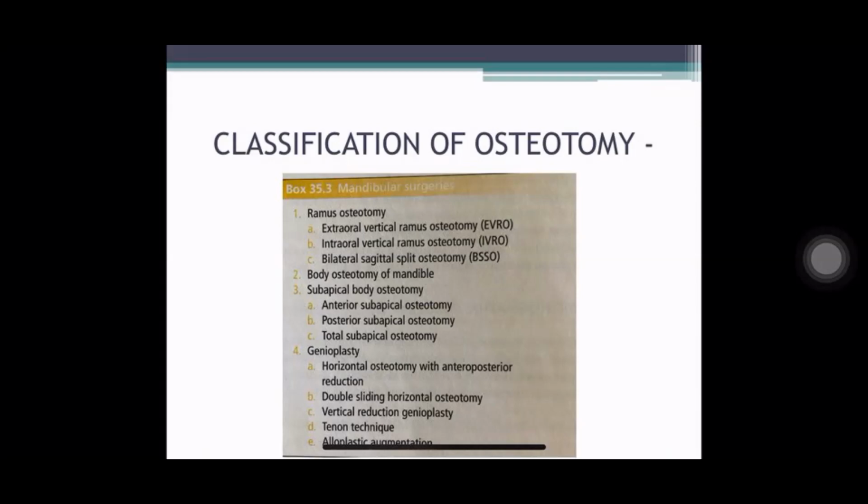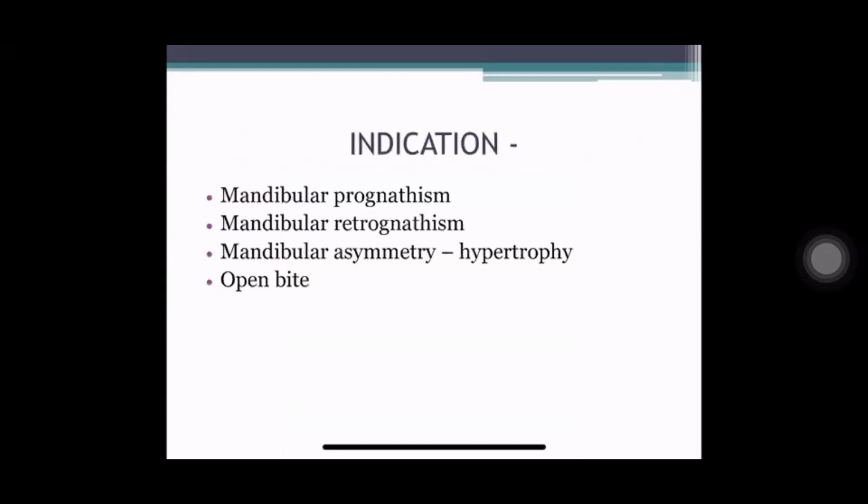The second is body. The third is subapical. In subapical, there is anterior, posterior, and total subapical osteotomy. In genioplasty, it is divided into five broad categories: horizontal osteotomy with anterior posterior reduction, double sliding osteotomy, vertical reduction, tenon technique, and alloplastic augmentation.